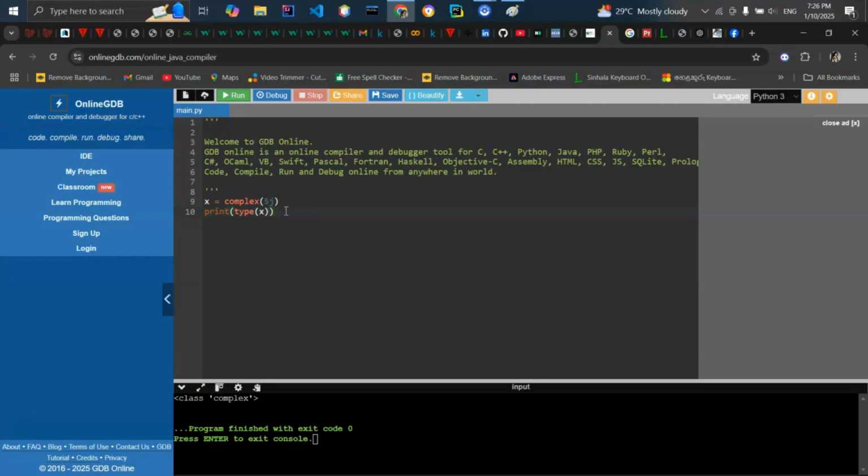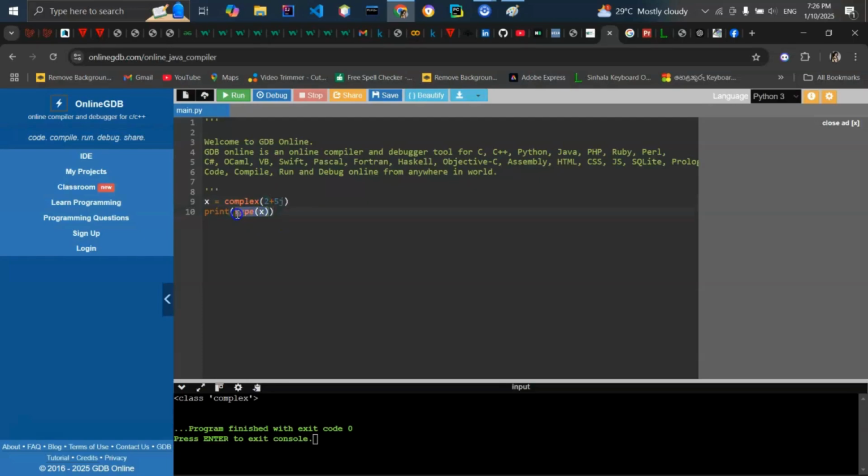Using imag, before we see it, I change the value like this. Now this is a real part, this is an imaginary part.